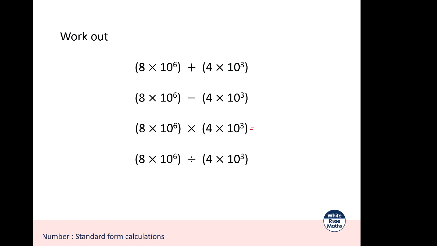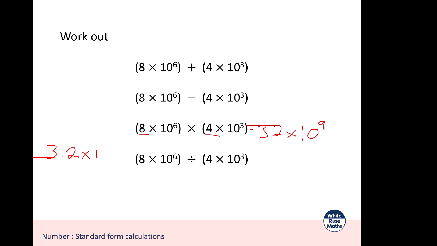I'd multiply the numbers: 8 times 4 is 32, and then 10 to the power of 9, because when you multiply with the same base, you add the powers. Writing this in standard form would be 3.2 times 10 to the power of 10, because standard form is a number between 1 and 10 times 10 to the power of something.